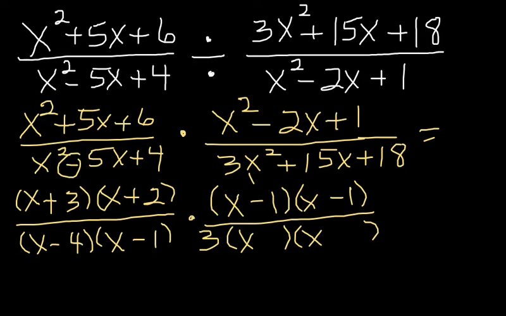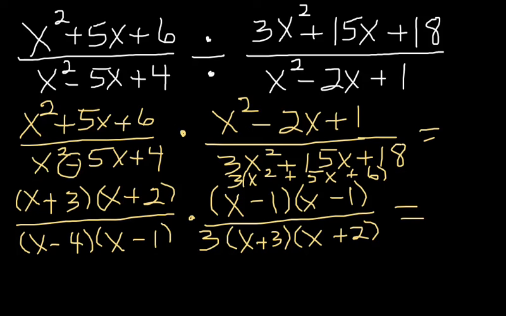You could actually put that up here. X squared plus 5x plus 6. And all of that now has a 3 factored out in front. And I'm going to factor the 6 into 3 and 2. 3 times 2 is 6. 3 plus 2 is 5, both positive.